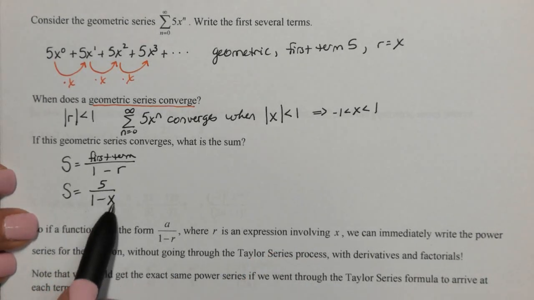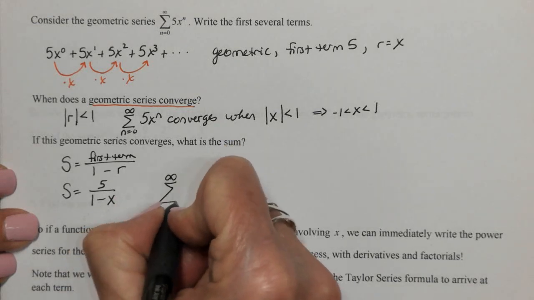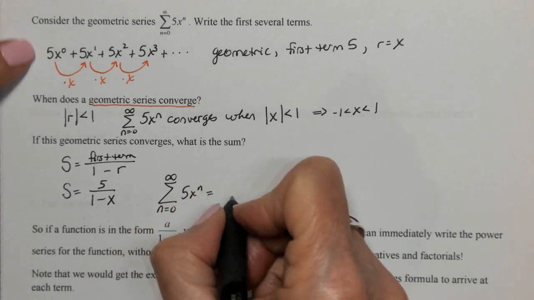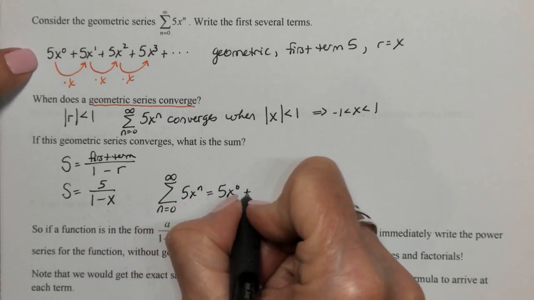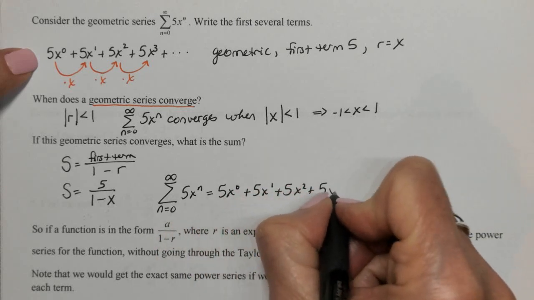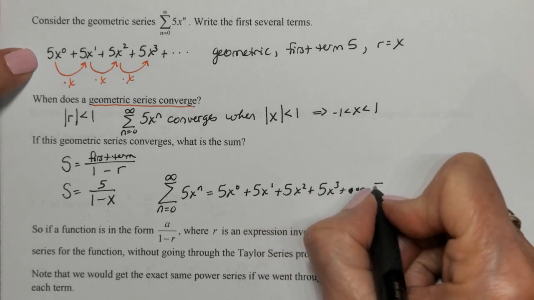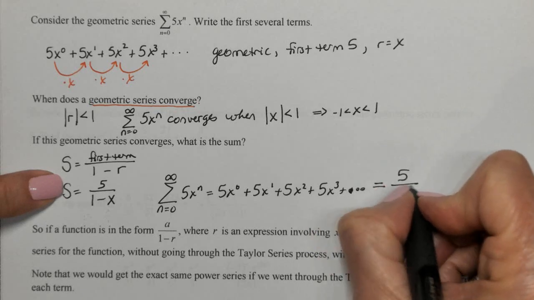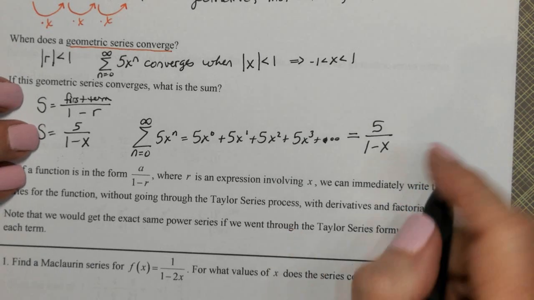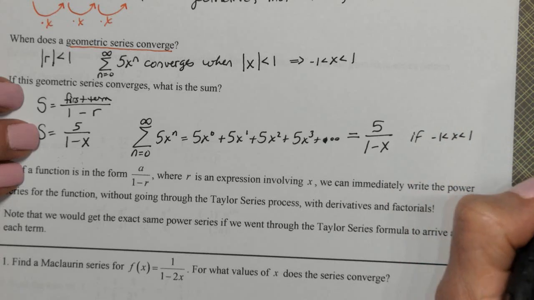This is a function, true? That is telling us that this series, which we wrote the first several terms for, is equal to 5 over 1 minus x if the series converges. So if x is between -1 and 1. Okay?